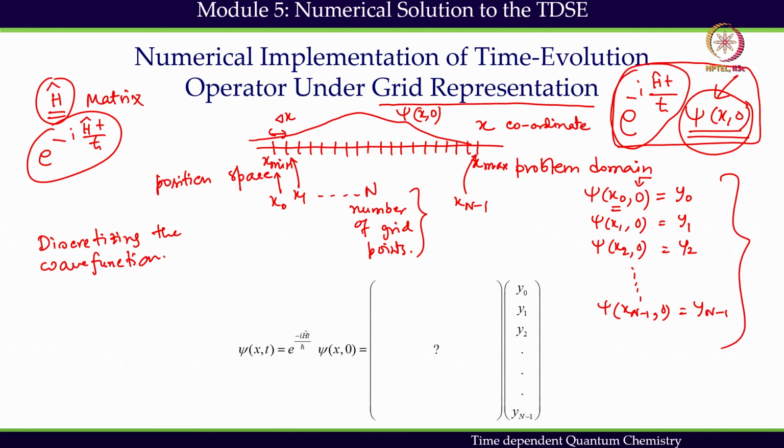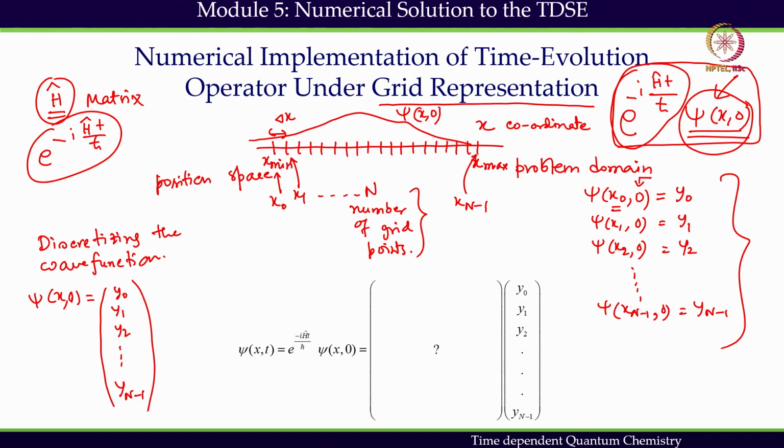This discretized wave function can be very conveniently represented as a column matrix, as we have seen. So, the initial wave function will be represented as a column matrix: y 0, y 1, y 2, up to y n minus 1.